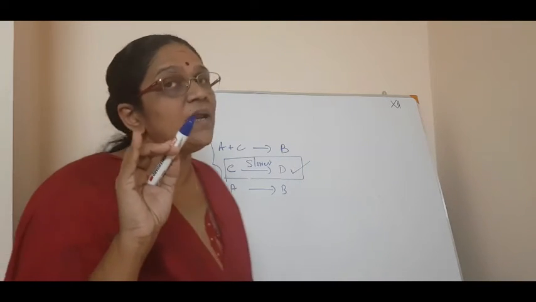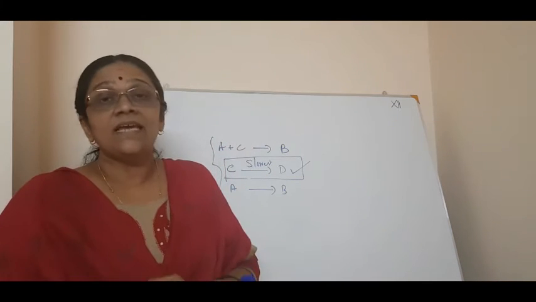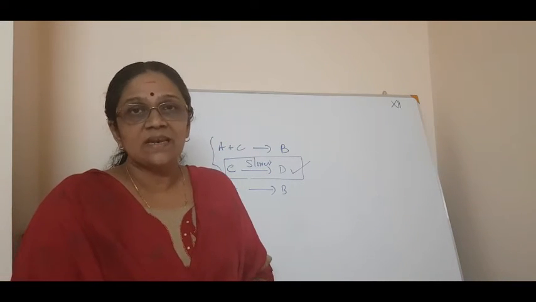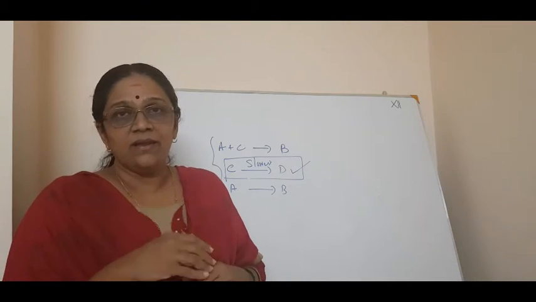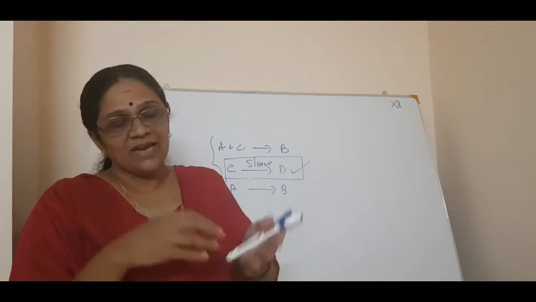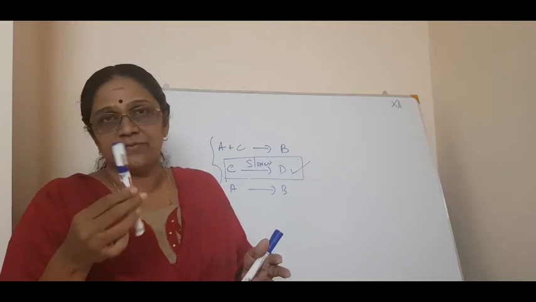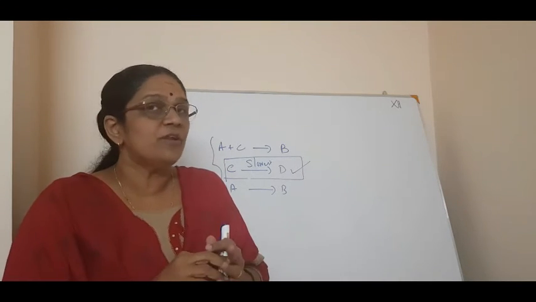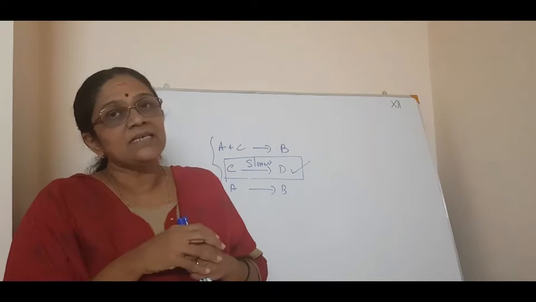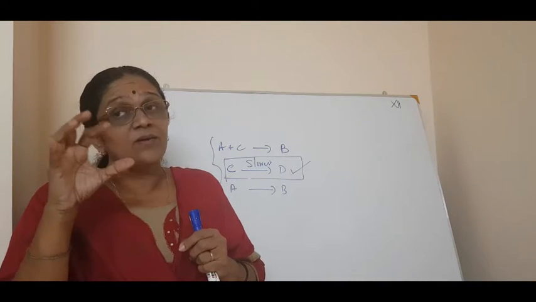I will give a simple analogy for that. In the case of a relay, you know what a relay race is? 4 persons are running, and one will hand over to the other, and then the fourth one reaches the finishing point. Now in a relay race, who will determine the winning position?